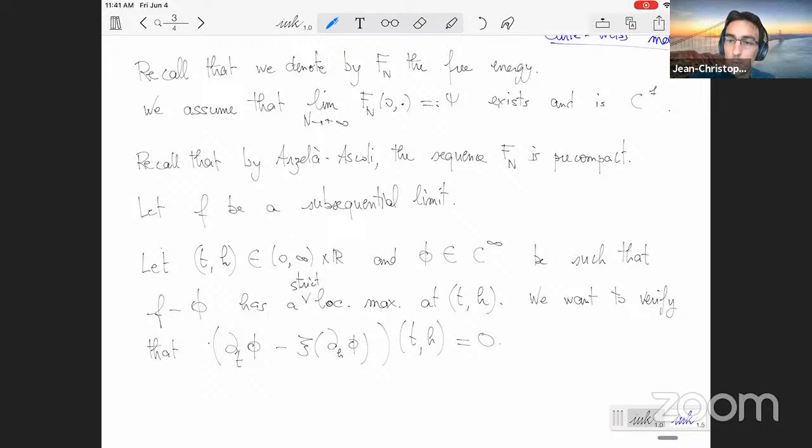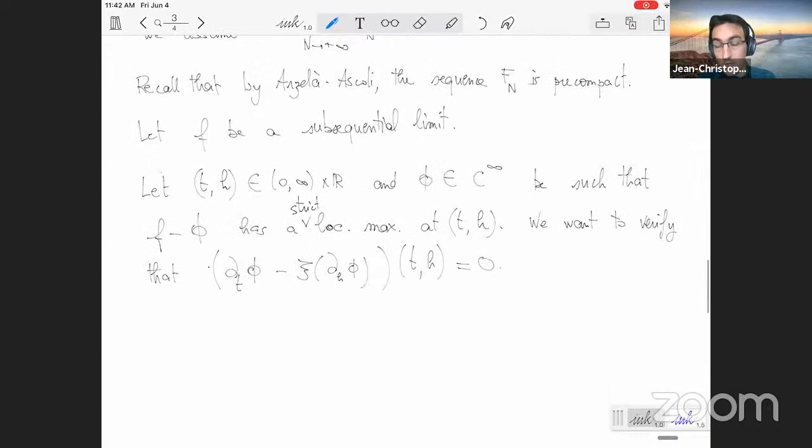It is going to be useful for me because I'm going to argue that this point where a local maximum is achieved for f minus phi has an analog before we have passed to n going to infinity. So we have already used that fact: if f_n converges to f, then I can find a sequence of points that converge to (t, h) such that at these points, f_n minus phi has a local maximum.